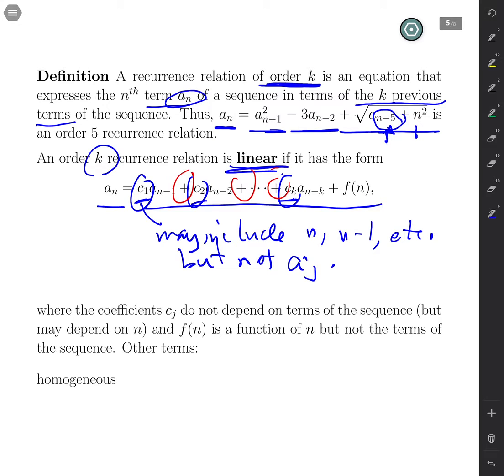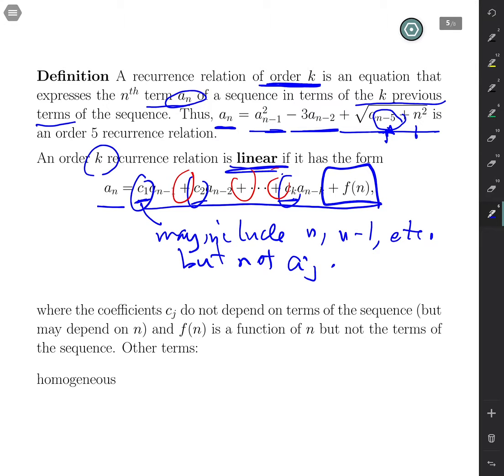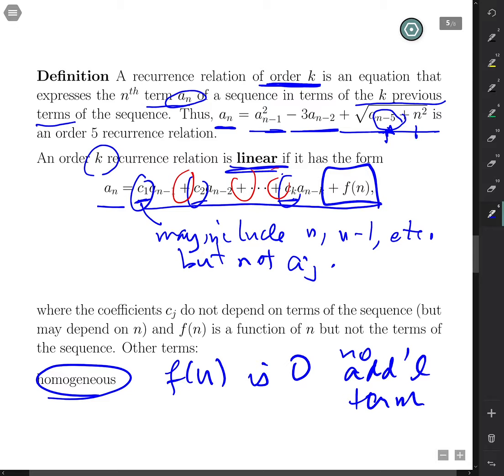Now there may also be another portion to it, this fn right here, that only depends on n but not the terms in the sequence. That's possible as well. Another term is homogeneous, which means in the above the fn term is 0. There is no additional term besides the ones that involve the sequence.